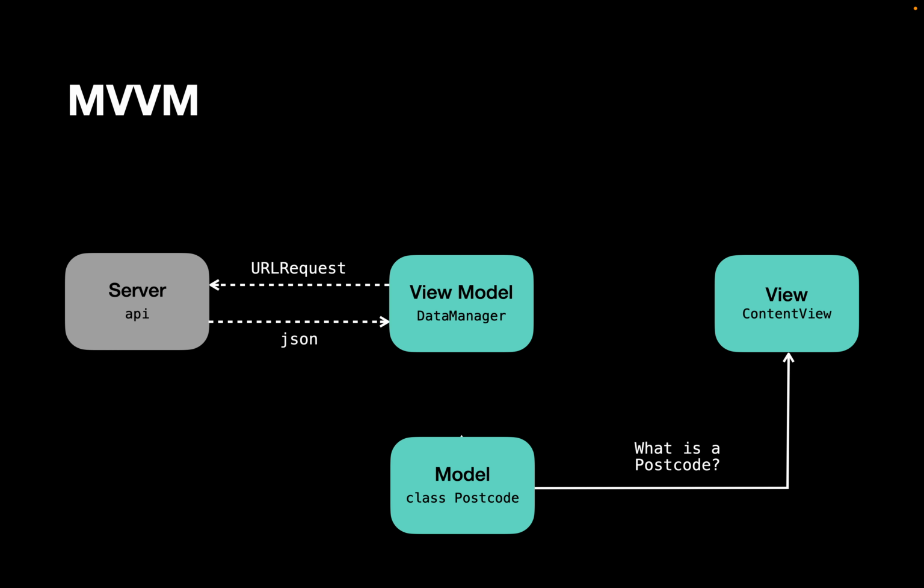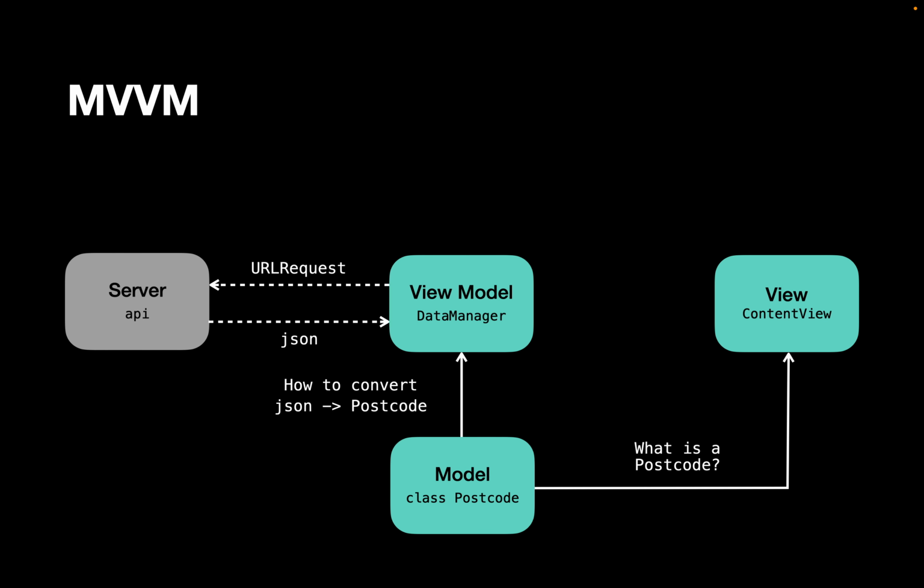Similarly, the view model will access the data through a URL request object and access a server to download the data in JSON format. Once it has that JSON data, the view model needs to know how on earth to convert that data into something that Swift understands.